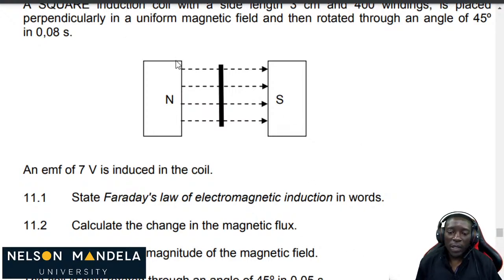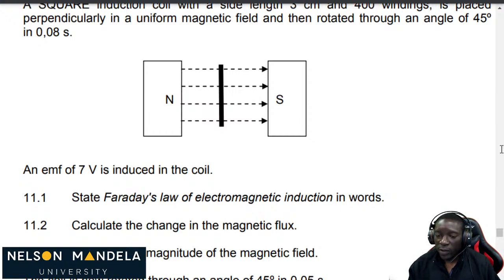Faraday's law of electromagnetic induction states that, if allowed to flow, the magnitude of the induced EMF across the ends of a conductor is directly proportional to the rate of change of magnetic flux linkage with the conductor.